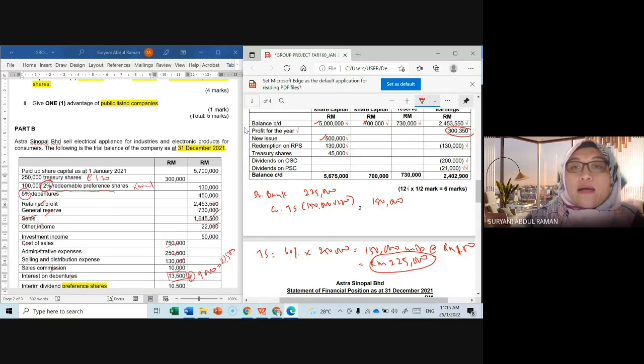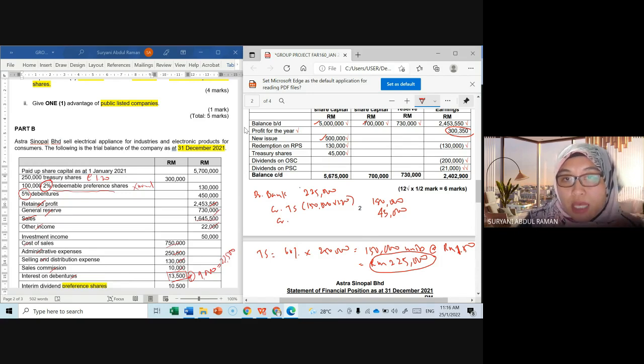Ada perbezaan tak? Debit dengan kredit? Ada. How much? 45,000. Am I right? Where do we need to transfer this 45,000? This is the gain. Nampak?